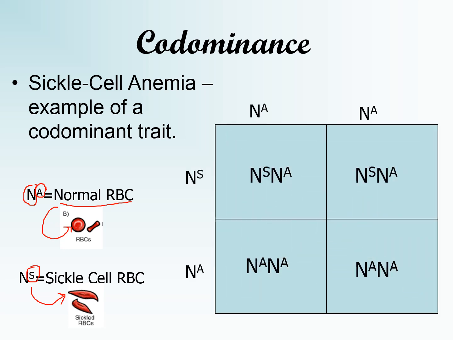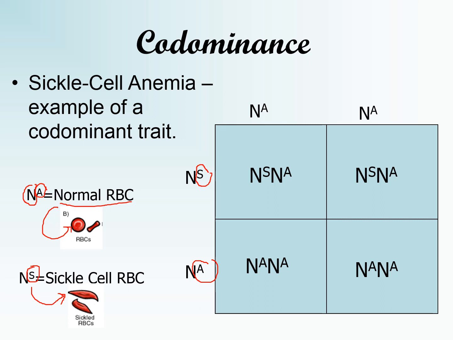So if we look at a cross between one parent who is presenting with normal red blood cells and another parent who carries the allele for normal red blood cells, but also carries the allele for sickle cell, when we cross them we get the 4 possible genotypes of the 4 possible kiddos.